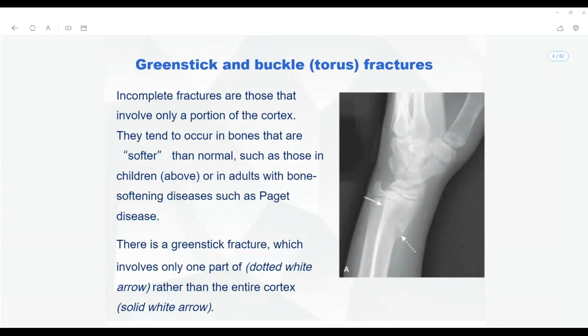Then rule number 4: always include the epiphysis, metaphysis, and diaphysis along with the proximal joint. Always include the proximal joint, the epiphysis, the metaphysis and the diaphysis of the bone. Rule number 4, right?